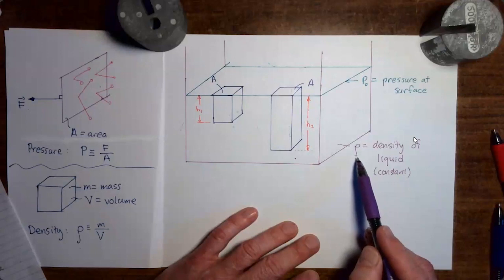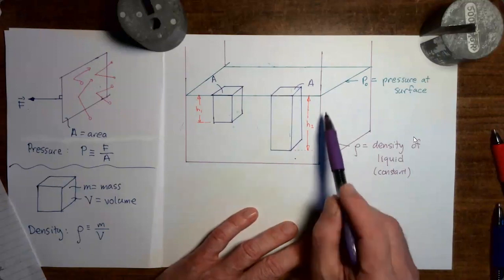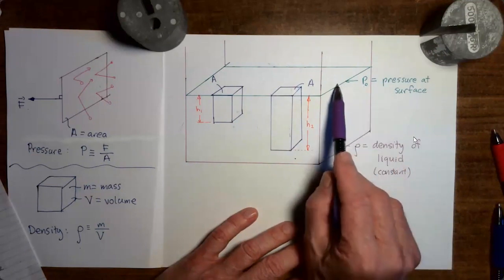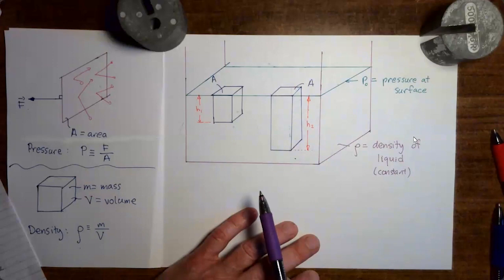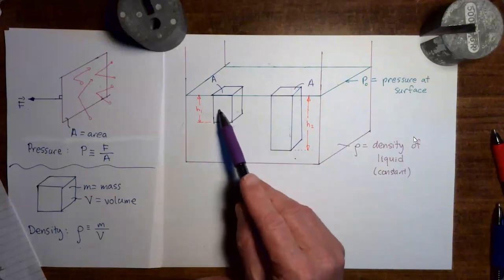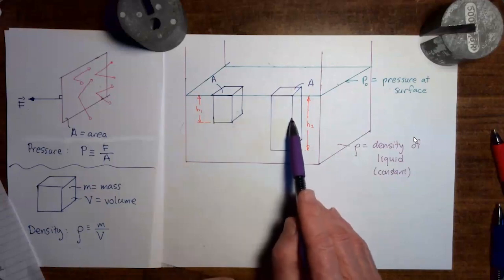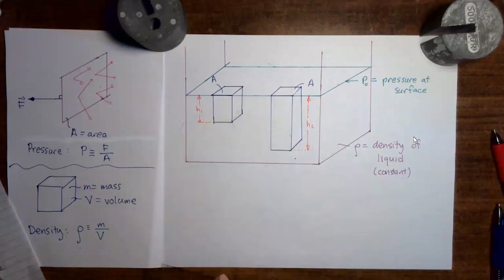In this figure here, I've drawn a tank which has been filled with a liquid of constant density rho. Also, the pressure of the liquid is P sub 0 at the top surface of the liquid. I have also marked out two columns of the liquid, here and here, within the larger body of the liquid.